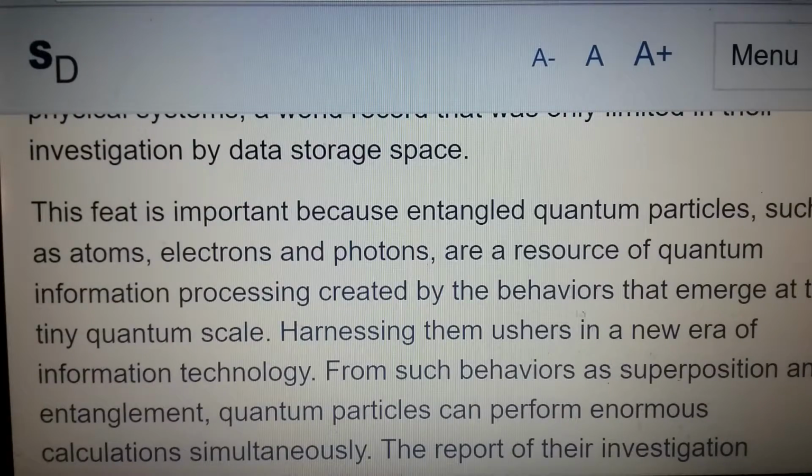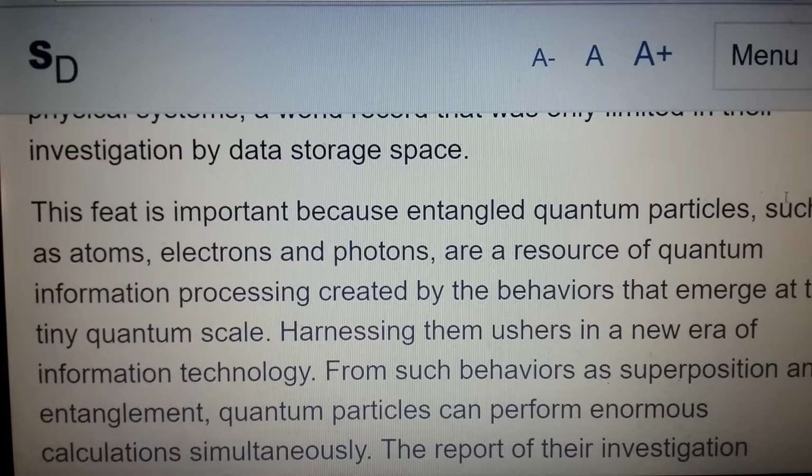The feat is important because entangled quantum particles, such as atoms, electrons, and photons, are a resource of quantum information processing created by the behaviors that emerge at the tiny quantum scale. Okay.